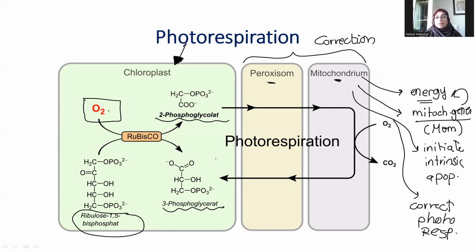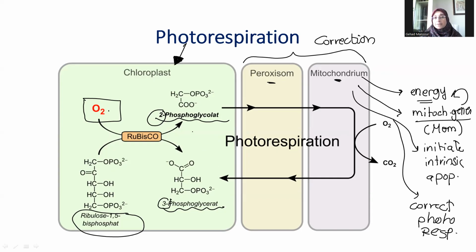What does this indicate? First of all, it is 3-phosphoglyceric acid. The 3 indicates the position of the phosphate group, and here the 2 indicates the position of the phosphate in 2-phosphoglycolate. It doesn't indicate the number of molecules. But what does this indicate?